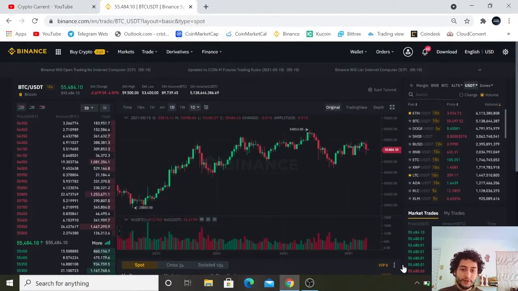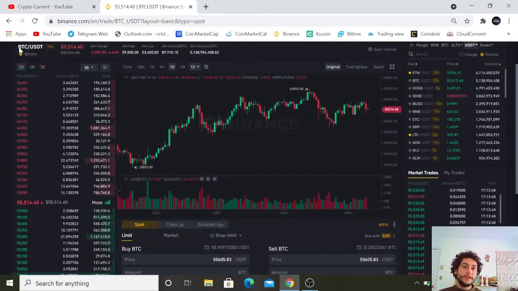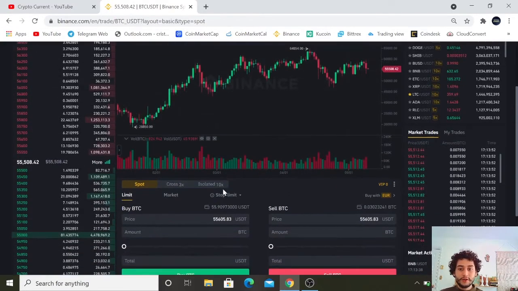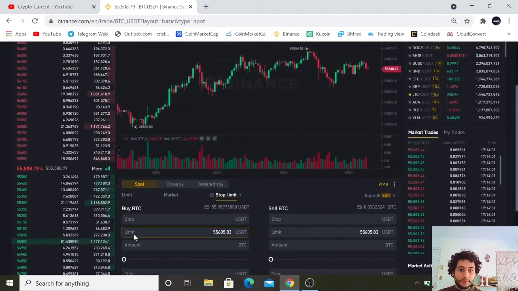So pretty much how to do this is that you're going to come down here, and right here I have the Bitcoin USD pair opened. You're going to click on the stop limit button. Once you click on it, you're going to see these three little parameters: the stop, the limit, and the amount. Right now I have about 50 US dollars that I'm just going to use for an example.